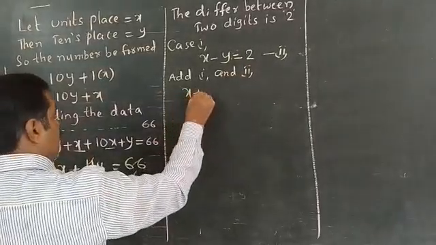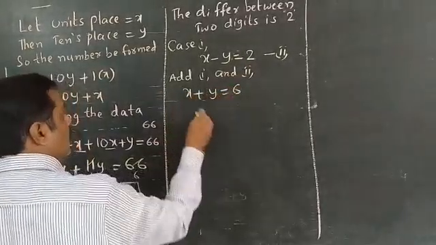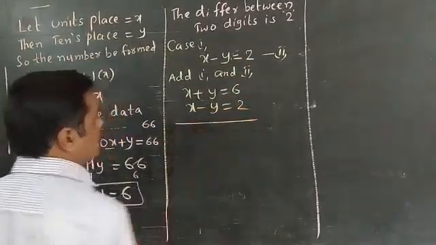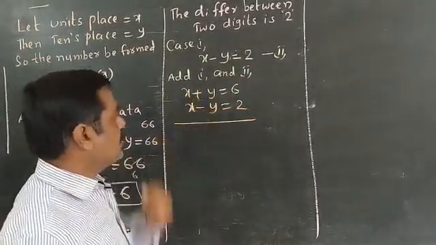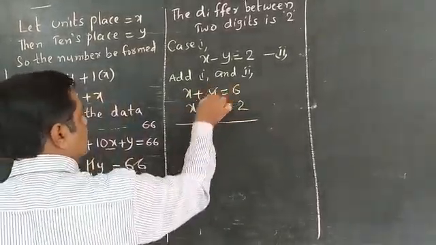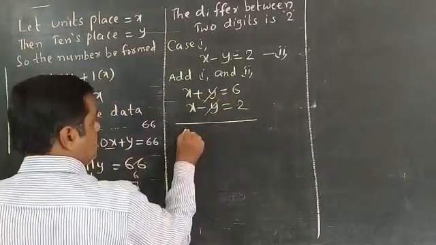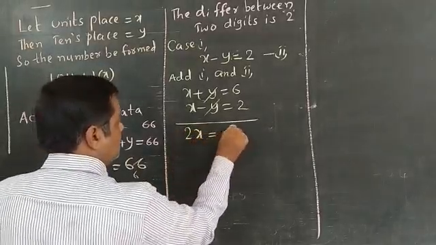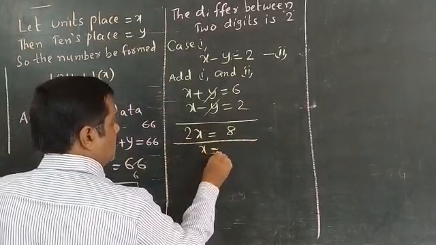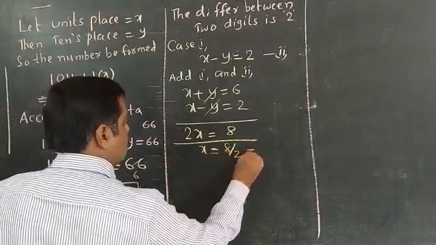So x plus y is equal to 6 and x minus y is equal to 2. Why should we add? Because the coefficients are the same, and when you add, plus y and minus y cancel. We get 2x is equal to 8, then x is equal to 8 by 2, that is 4.